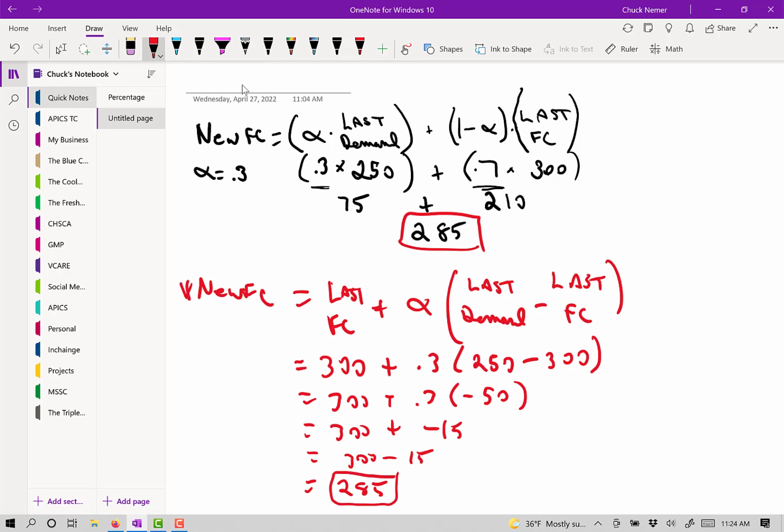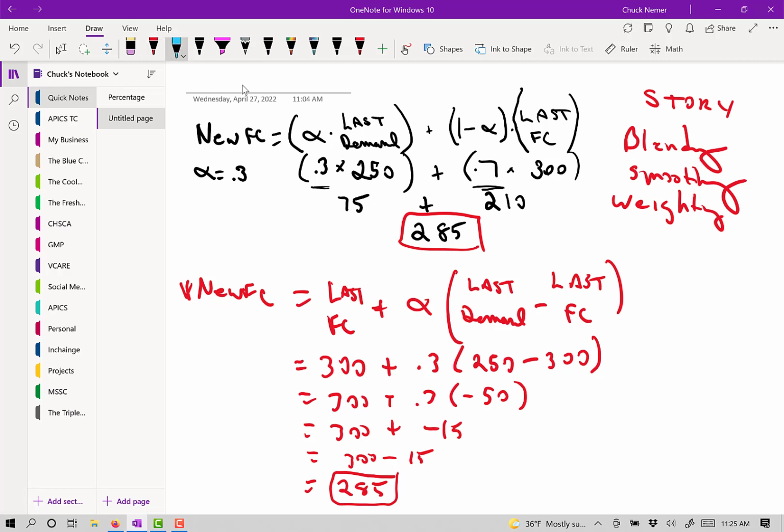But if you look at the bottom one, the story on top for the first one is kind of a blending or a smoothing or a weighting, whichever way you want to call it. The bottom one, if you look at this, last demand minus last forecast, is how much did we miss by?